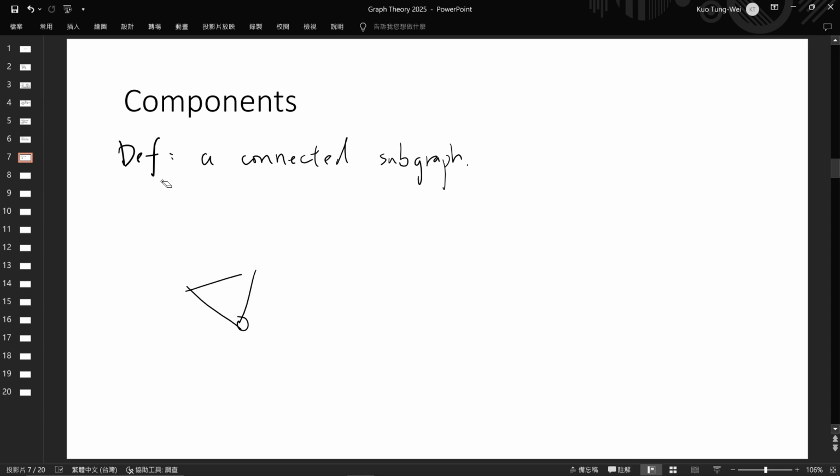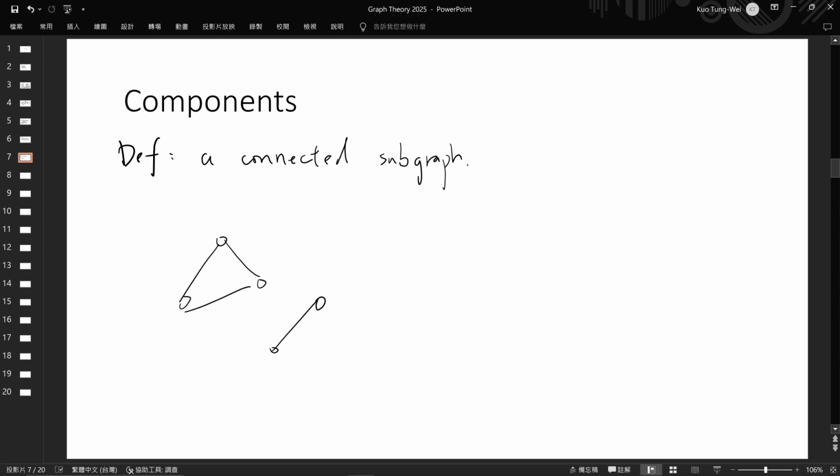Now, let's try to apply this definition to our previous examples. For this graph, recall that a reasonable answer to the number of components in the graph would be 2. We have one component here and one component here, so this makes 2.